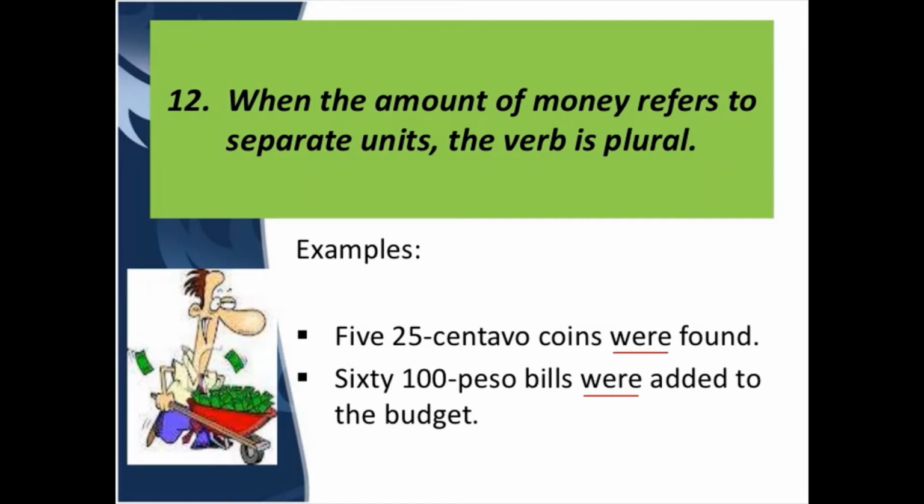So why "were"? In the first example, the amount of money here is 25-centavo coins. However, the amount of money is preceded by a number or quantity, 5. So when it is preceded by a number, it refers to separate units or pieces.